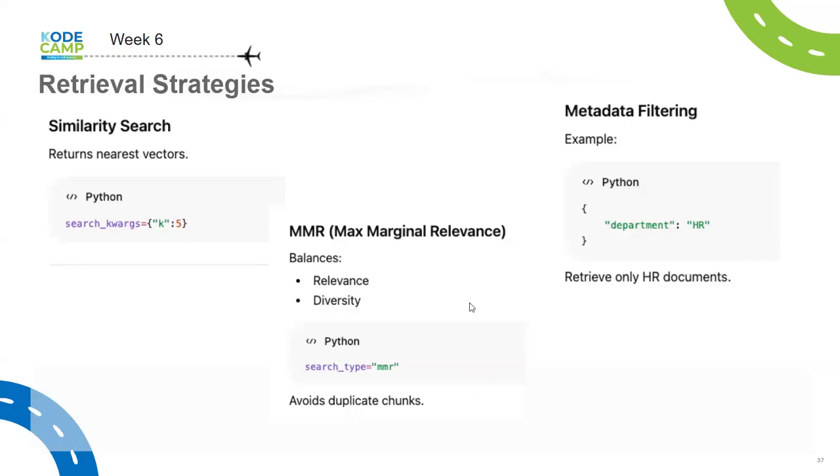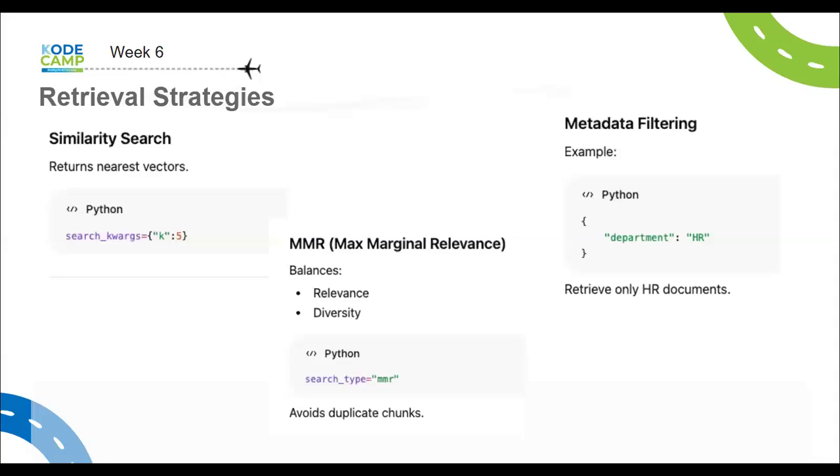Then there is also something called MMR, the max marginal relevance, right? Which allows you to balance relevance with diversity, right? So you can specify search type MMR. This helps you to avoid duplicated chunks, because what it means is that if the chunks are similar or duplicate, there is no need to retrieve the same thing several times.